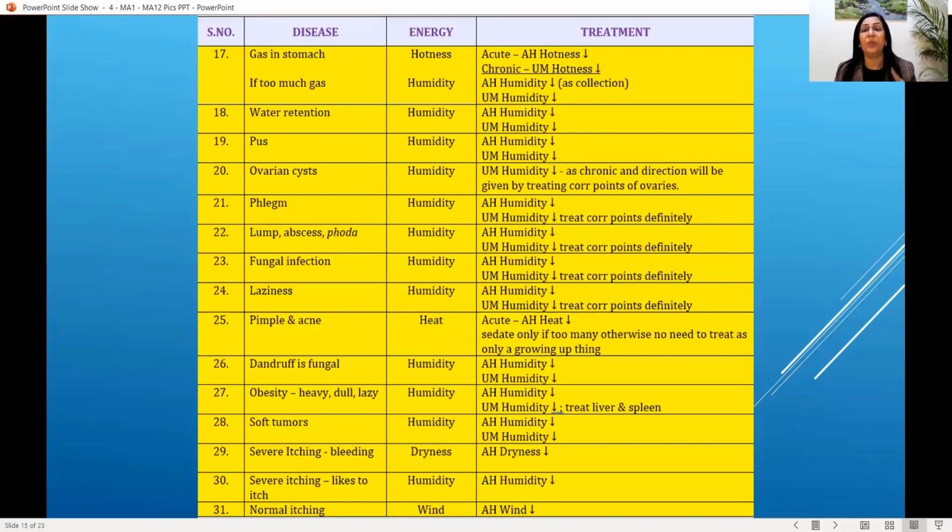In that, you treat humidity sedation, but usually these people are chronically obese, so you treat humidity sedation, which is the spleen and pancreas, and along with this, treat liver and spleen corresponding points. Definitely liver and spleen. Liver, if you remember, is the axis of spleen as the wind organ, right?